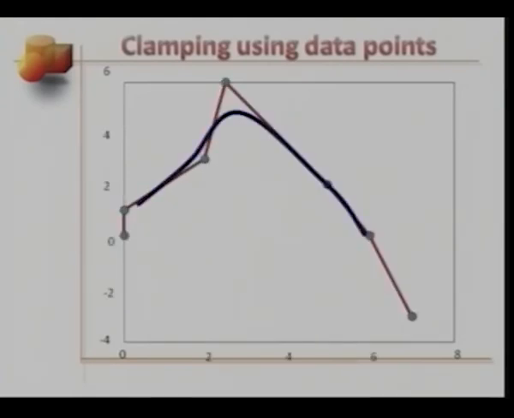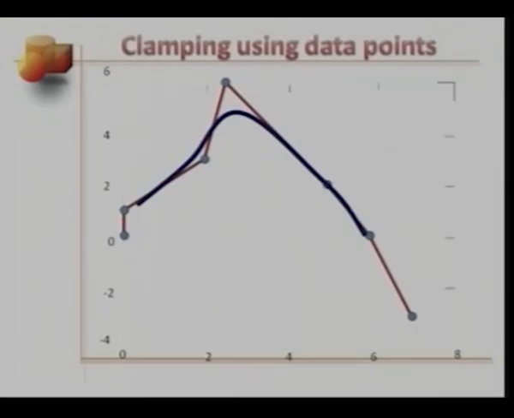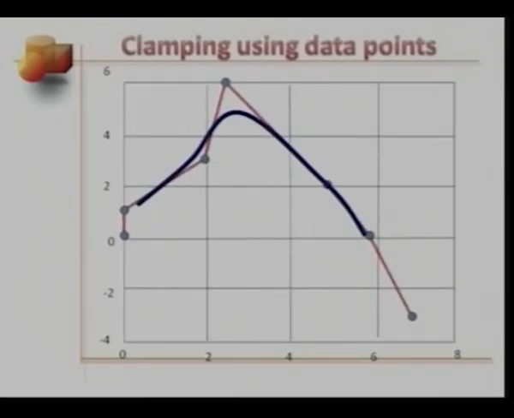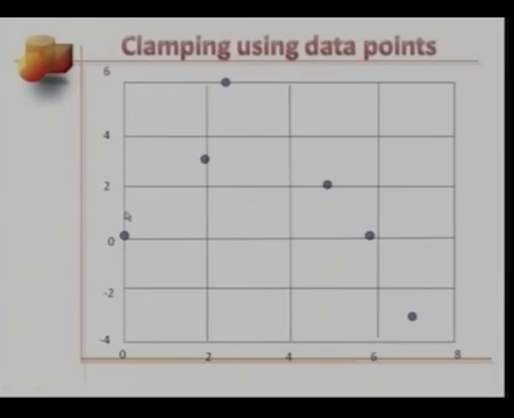We are working with this example throughout. I move the second design point to coincide with the first one, the third design point again to coincide with the first one.